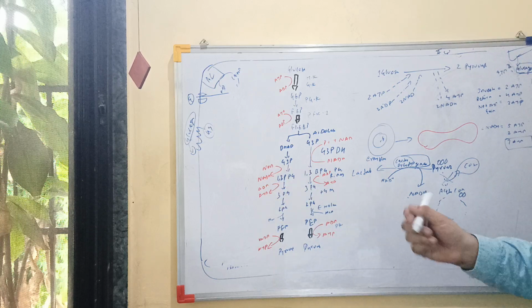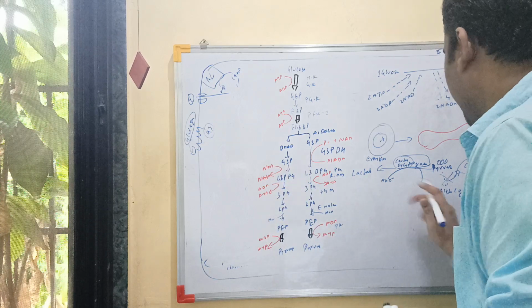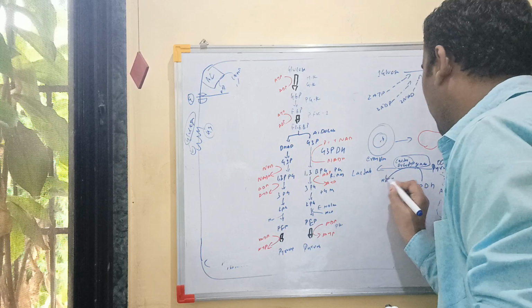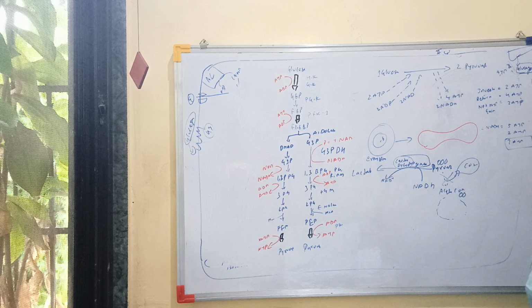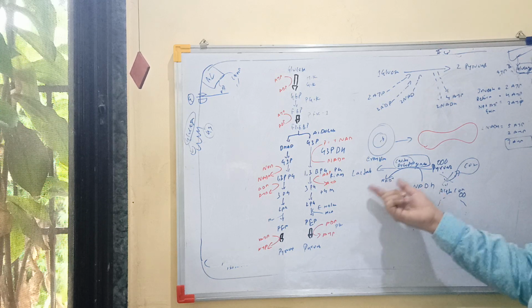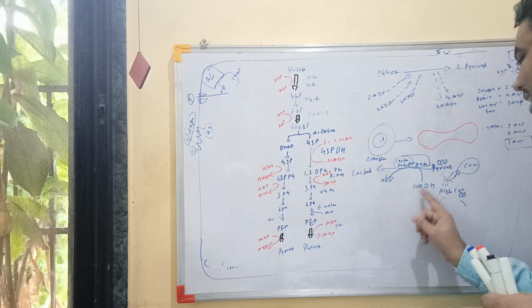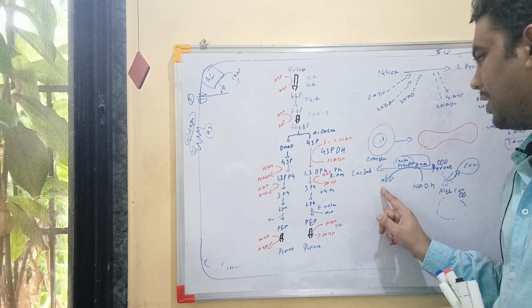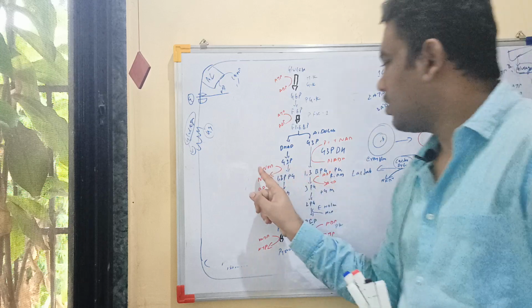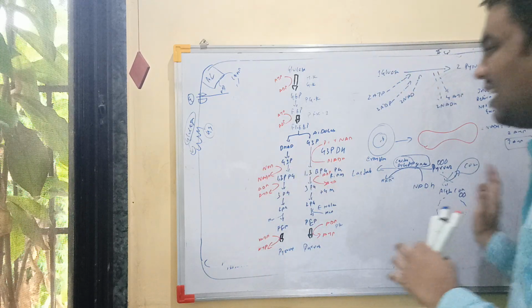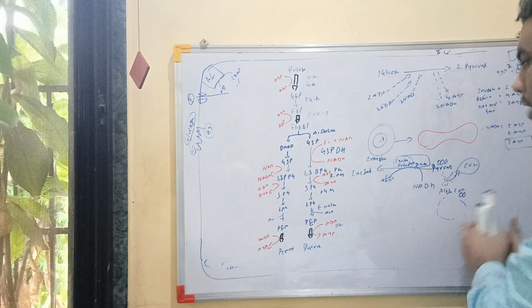I'm very sorry, I said it the wrong way around. NADH will be used and you will get NAD. Okay, here NADH will be used and converted to NAD. Your lactate dehydrogenase enzyme will take NADH and convert it into NAD, and this NAD will be used for this reaction. You can understand, if there is no citric acid cycle, NADH will not be converted into NAD.